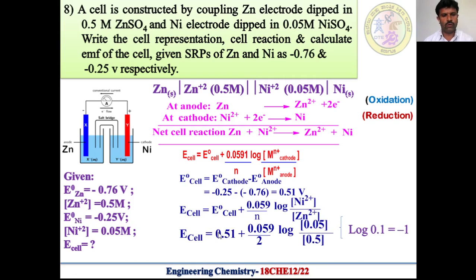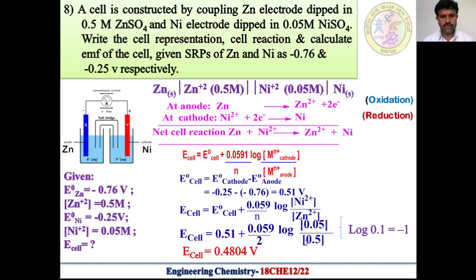E cell is equal to E naught cell value 0.51 plus 0.0591 divided by 2 log of the concentration of Ni2+ 0.05 divided by concentration of Zn2+ 0.5. So this term becomes 0.1, and log 0.1 is equal to minus 1.